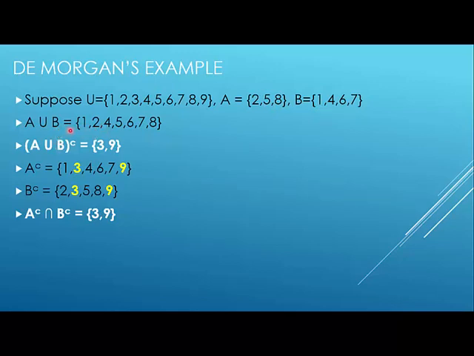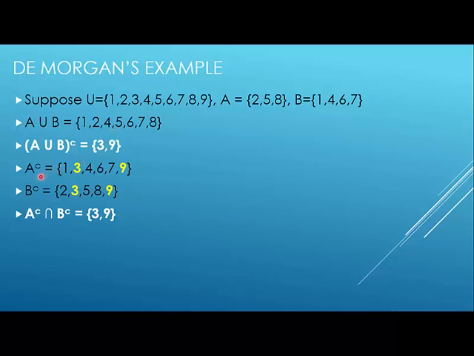Simple. The elements which are not present in A union B. There are only two elements, 3 and 9. You can see 3 and 9 are not present in A union B. So the complement of A union B is simply the elements which are not present in A union B.